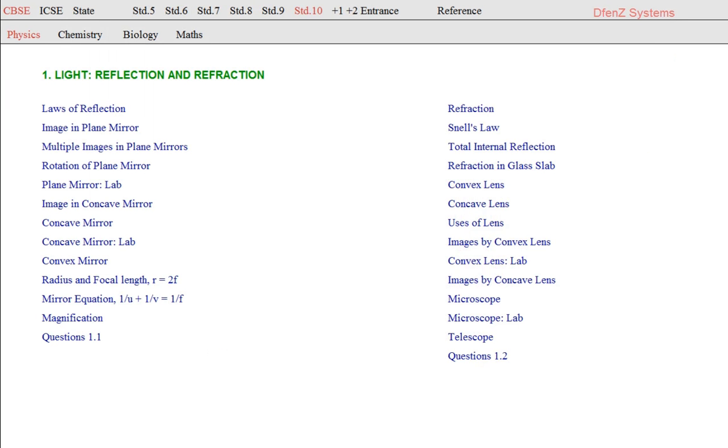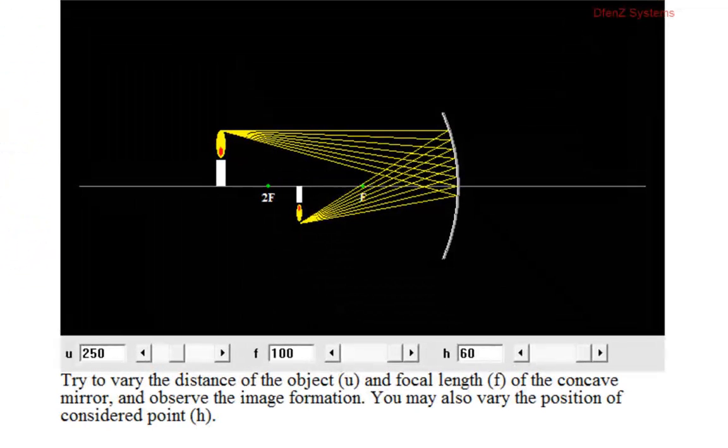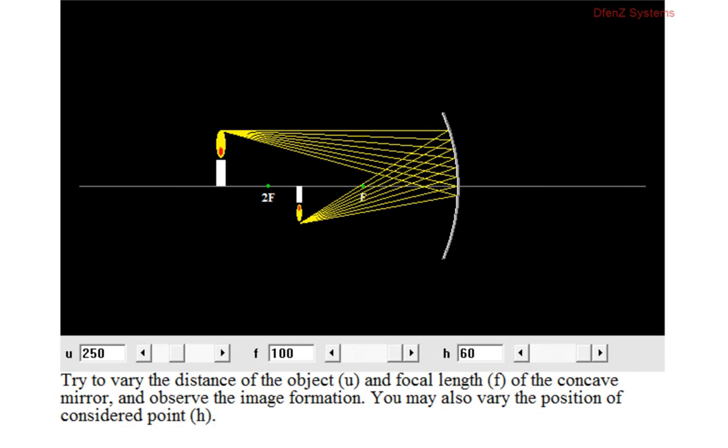Let's see a lab on concave mirror. This is very helpful. Here we can move the parameters such as the distance of the object.